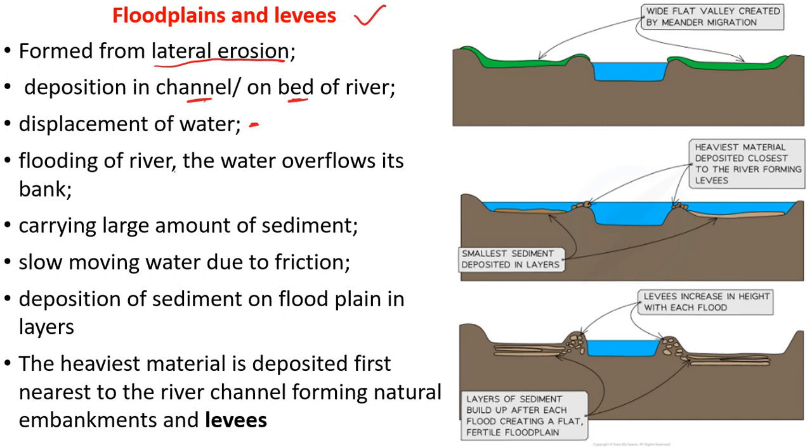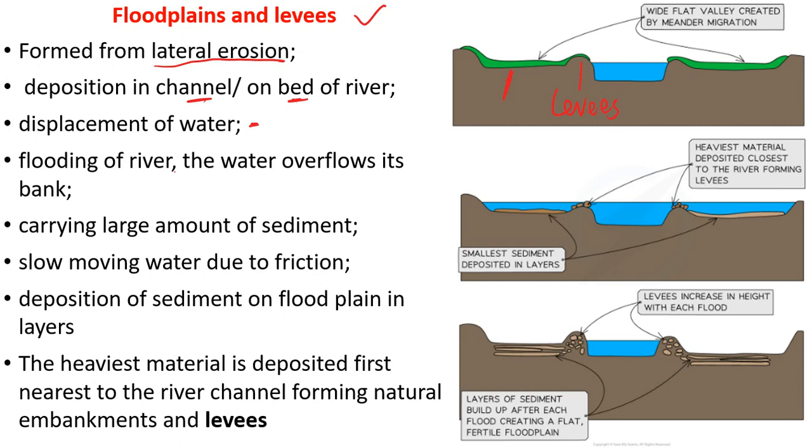So when water moves out of its bank, from this diagram you can see these are floodplains and these are levees, which are at the bank of a river. As materials are carried by the river due to lateral erosion, the water flows outside the bank, maybe during flooding or excess rainfall.